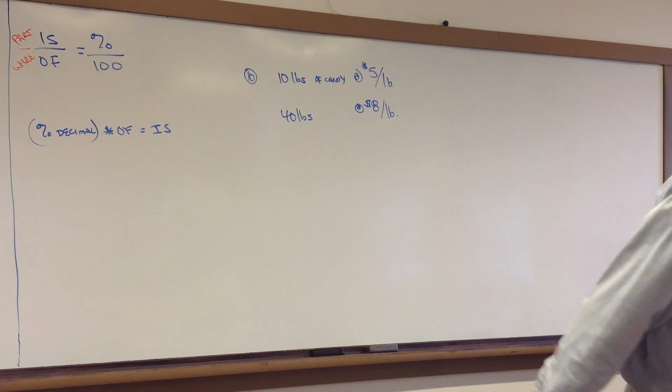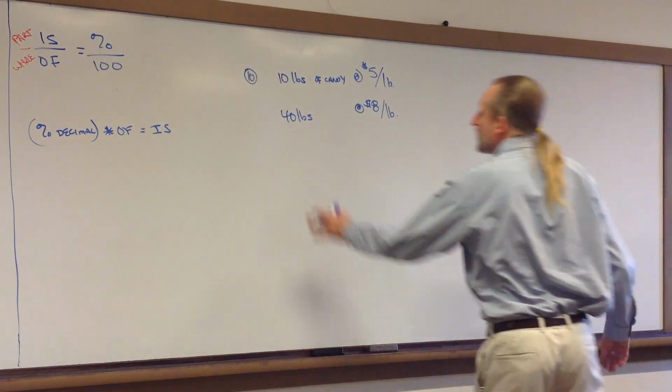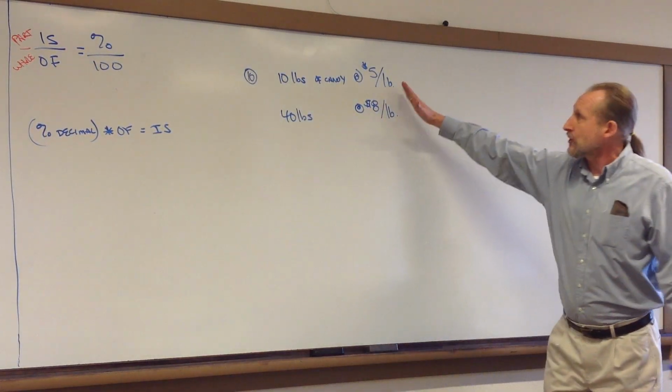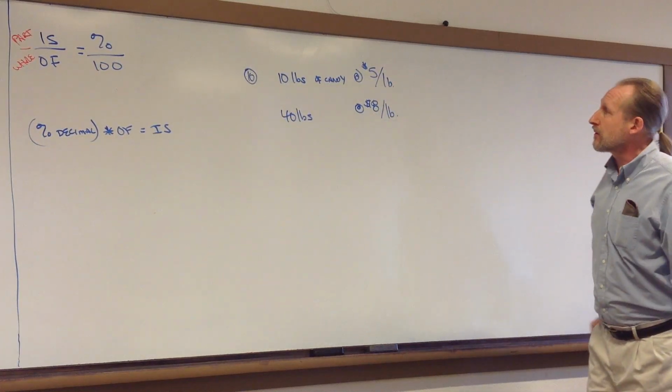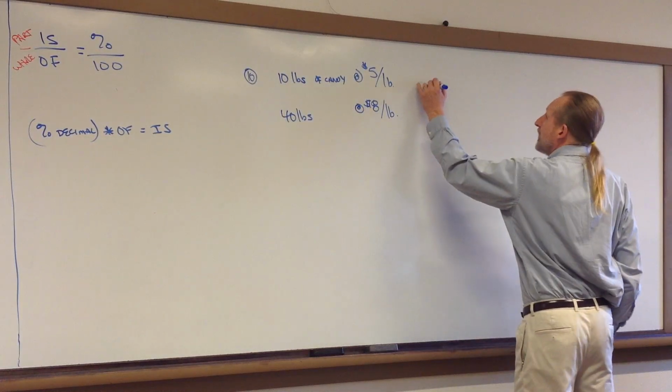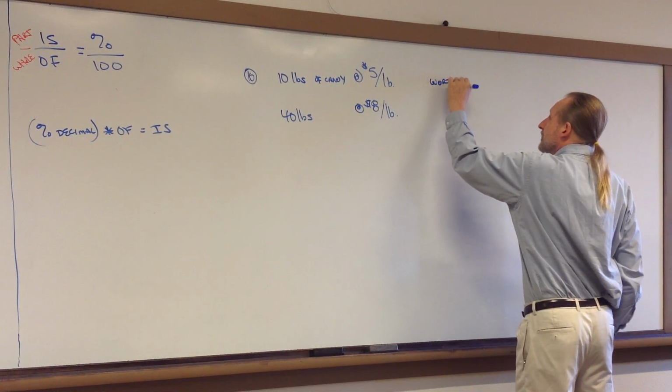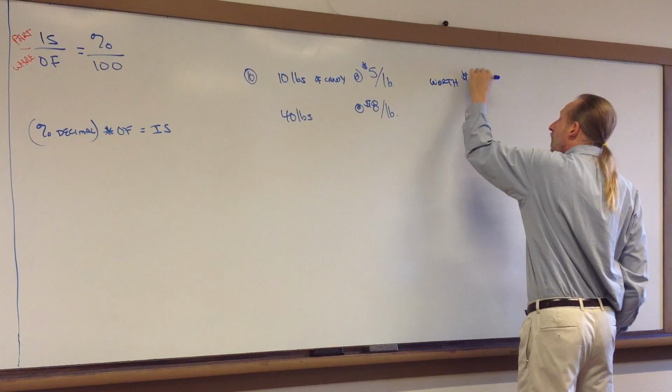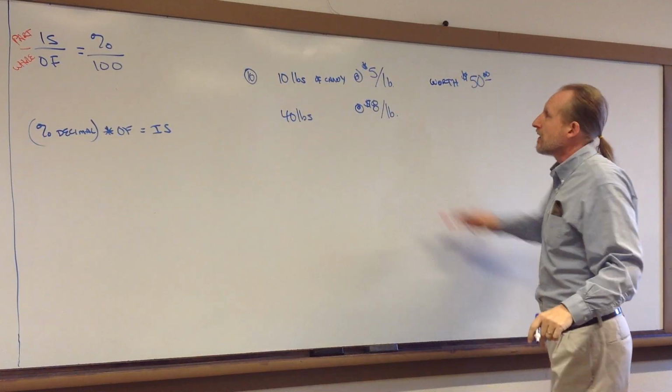So here's what we're interested in, is how many pounds are we going to end up with, and how much is that candy worth? Okay, so you've got 10 pounds of candy that sells for $5 per pound, so it's worth $50. You've got $50 worth of candy here.